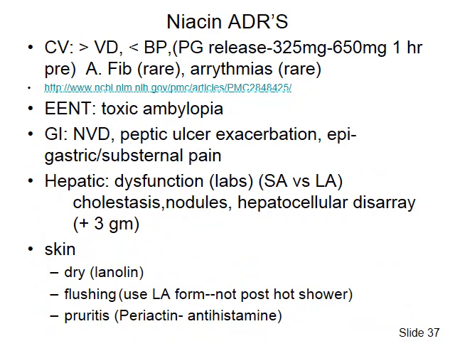So the adverse effects of niacin are summarized here. In particular are the vasodilation and drop in blood pressure that can occur following administration. Sometimes that's referred to as the flushing response, facial flushing in particular.